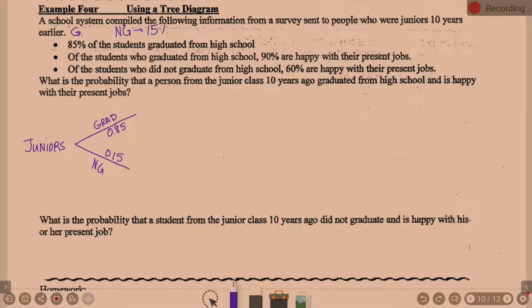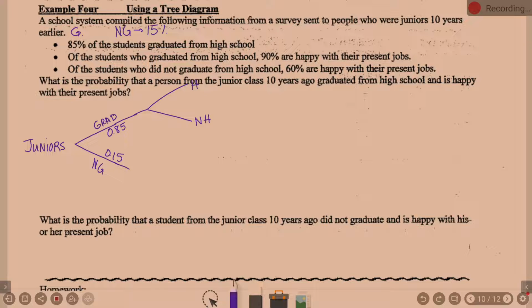So we're going to take the graduates here, and we're going to break them up into happy, and I'm just going to use H, or not happy.